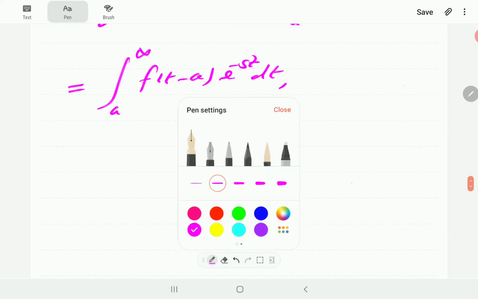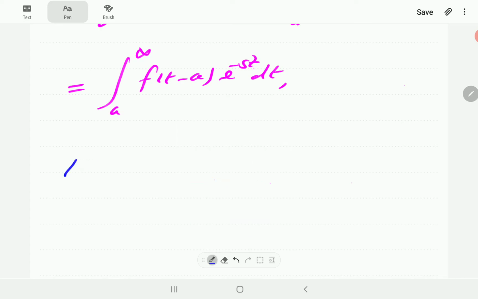Now, what we're going to do here is make a substitution. So we are going to let u be equal to t minus a. Then du is simply going to be dt.